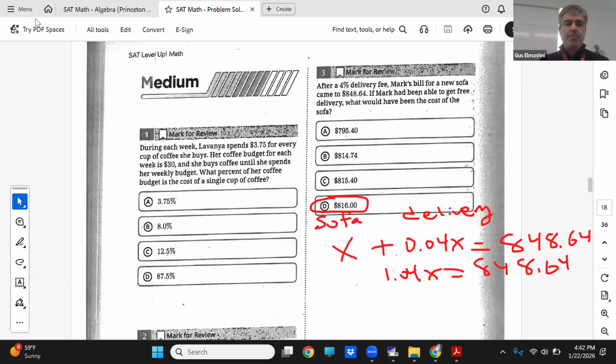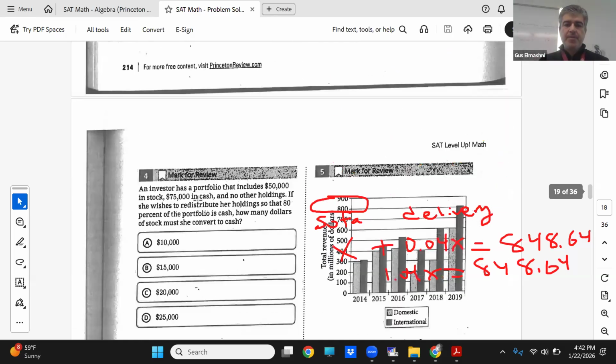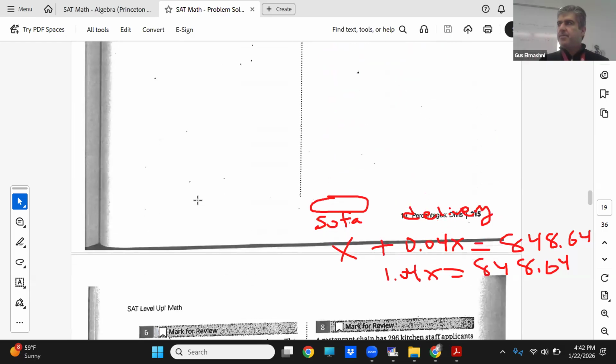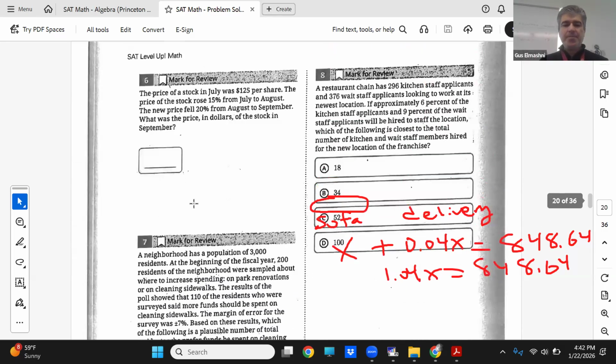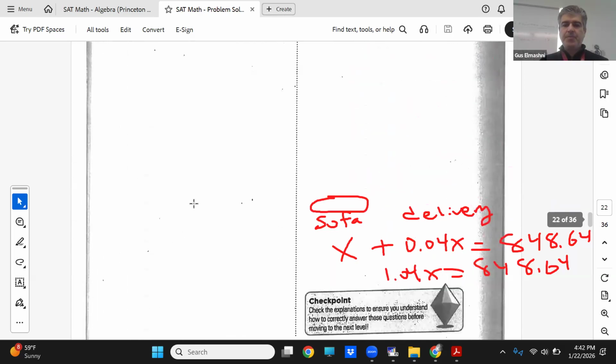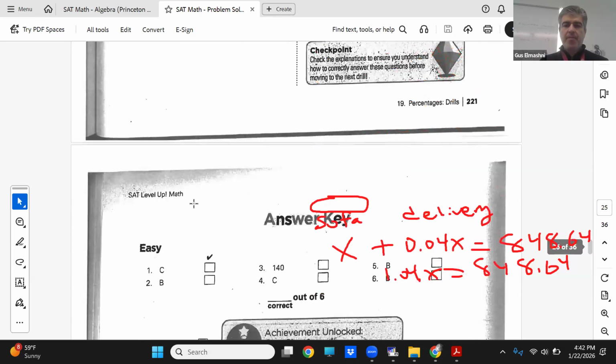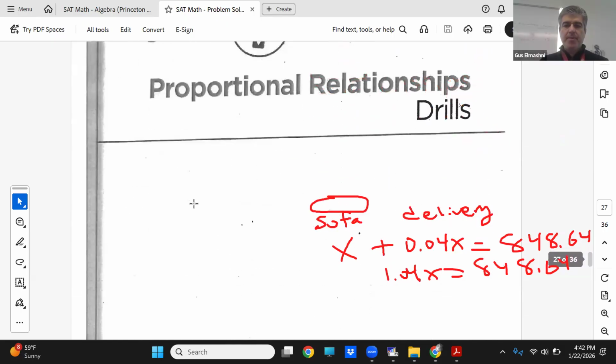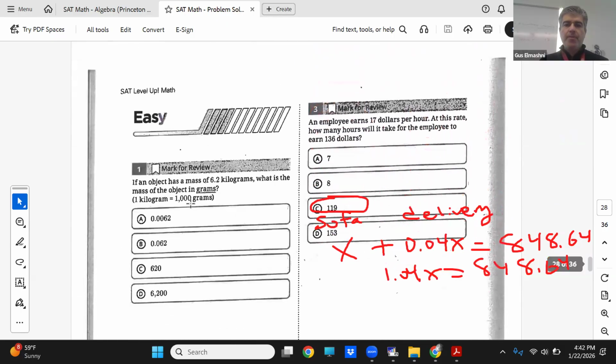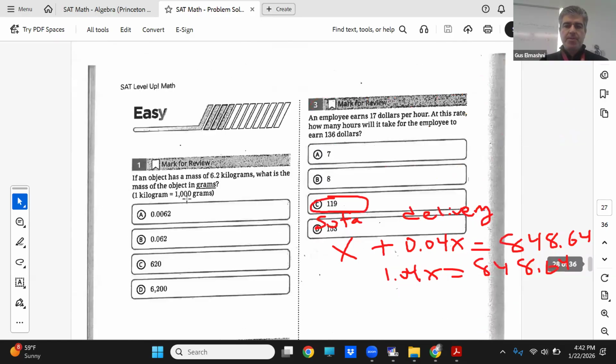Okay, last math topic: proportional relationships.